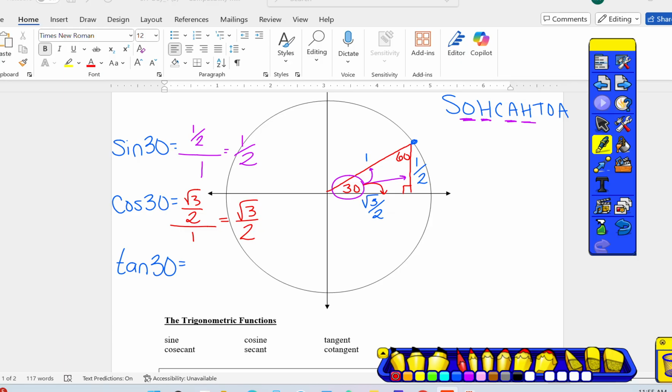Now, so we don't have to set up a right triangle every time when it's an angle that we know on the unit circle, these are the most common angles that come up. We don't have to do SOHCAHTOA to figure out our answers. The x value of our coordinate point is always going to end up being what cosine is.